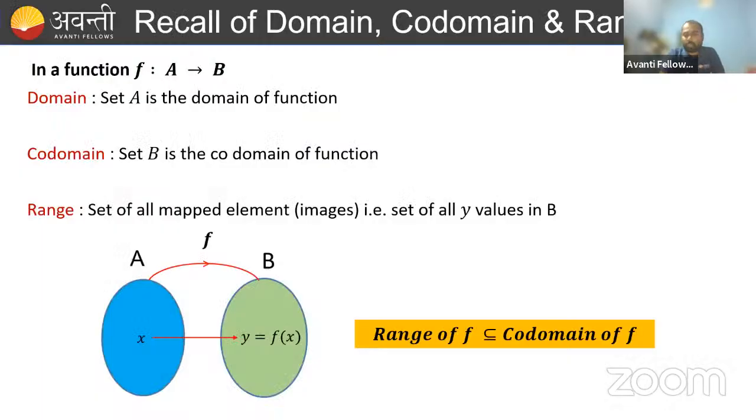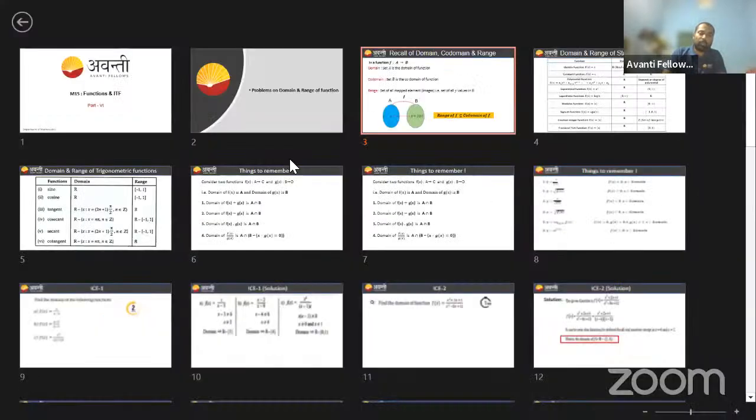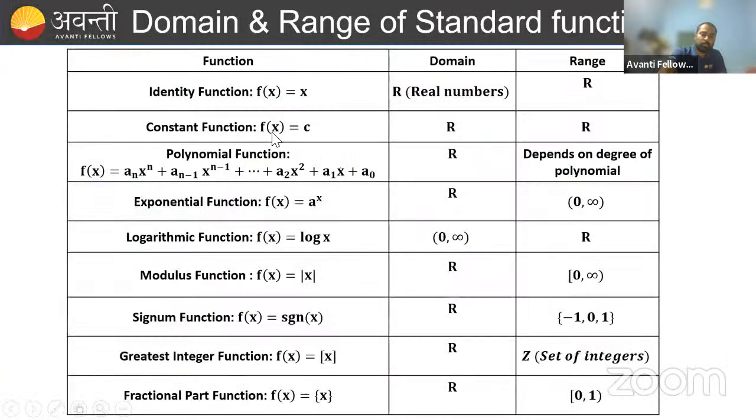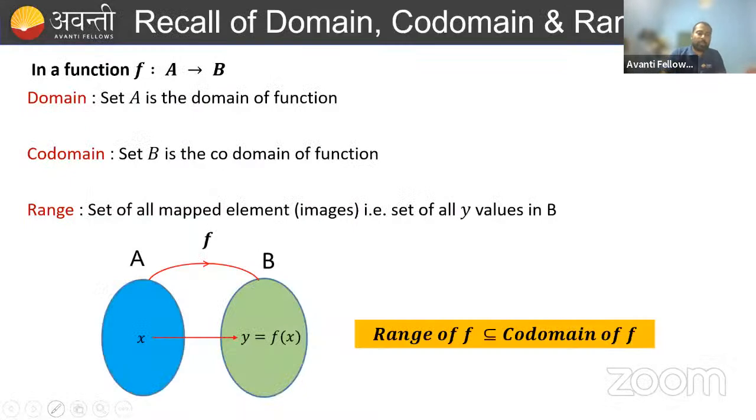Just revise the concepts. What is the domain of a function? If f is a function mapping from A to B, then A is the domain of the function and B is the codomain.